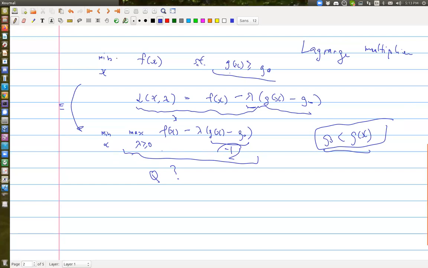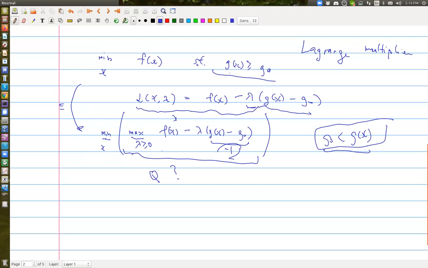Not the entire thing, just this part, just the maximum here. You ignore this minimum, just this part. This is maximized, this is minimized. It's optimized in two different directions.